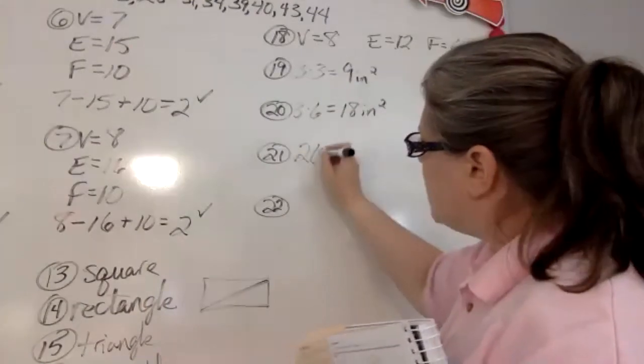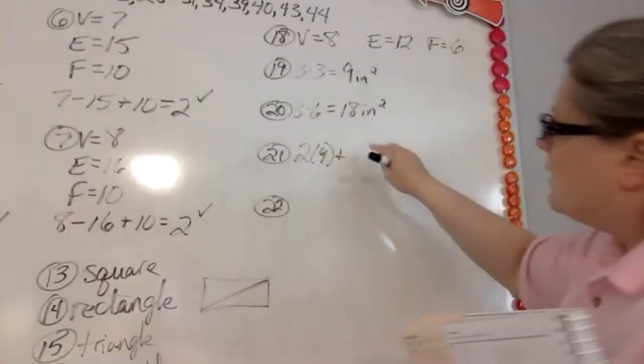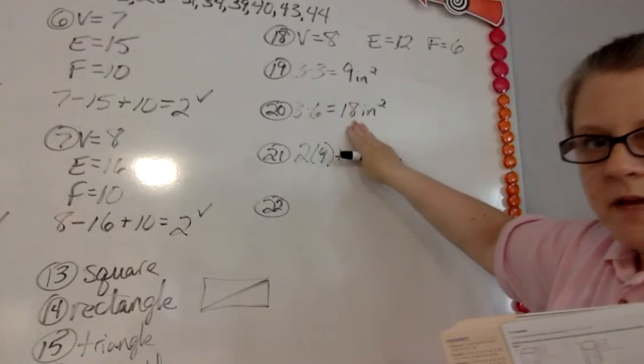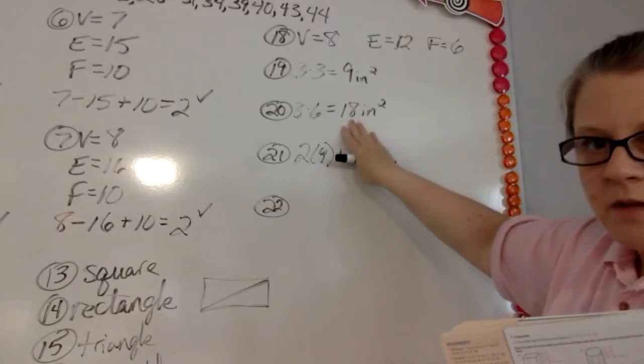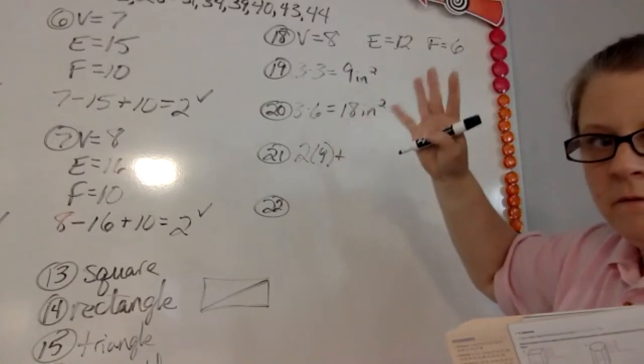So I have 2 times 9. The area of the big rectangles was 18, but how many of those were there? 4.